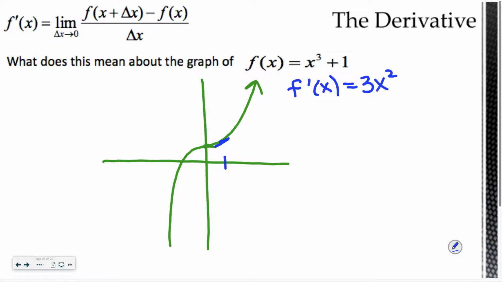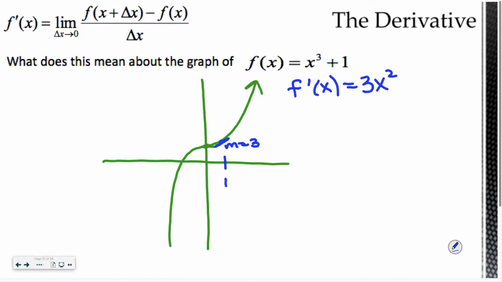If I plug in 1, this would have a slope of 3. Why do you put in 1? I'm just saying if I wanted to know the slope of the tangent line at 1, we could plug in 1 to the derivative and know that that tangent line has a slope of 3 at 1. I just chose 1.